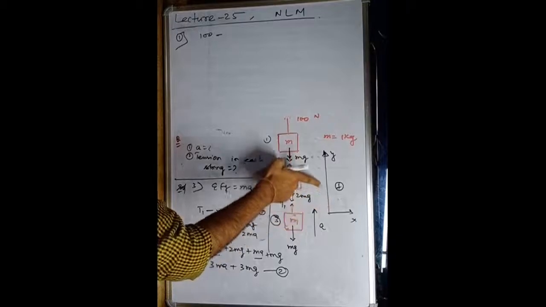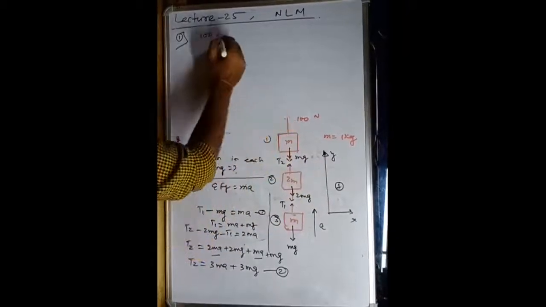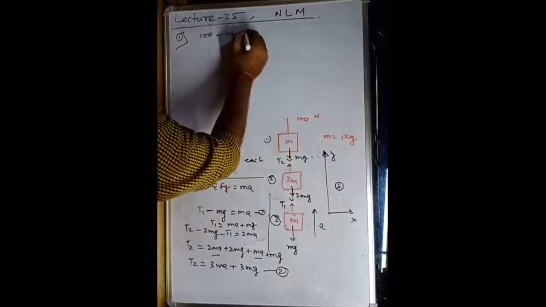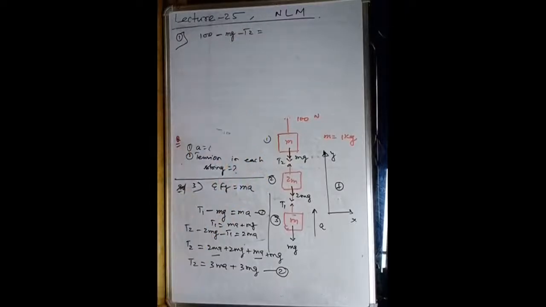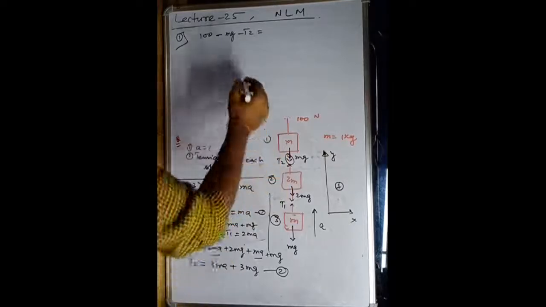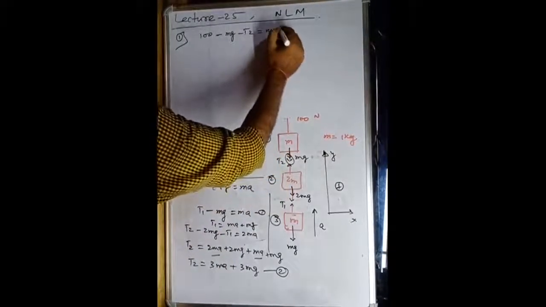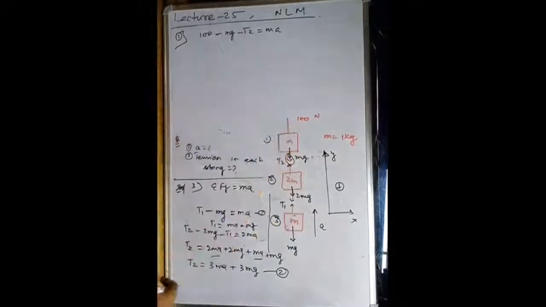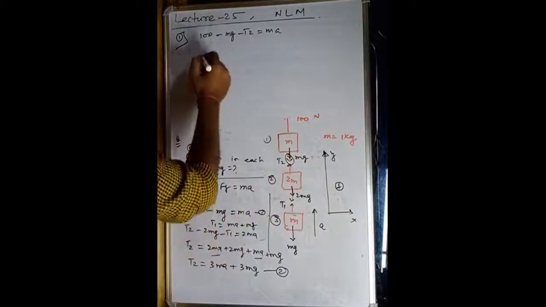Because in the positive y-axis we have the value 100 minus two forces, mg minus T2, is equal to, you can see here the two forces acting downward, is equal to ma, the mass of the body times a. I will discuss a short trick also to solve such types of questions directly to get the acceleration, my dear students.